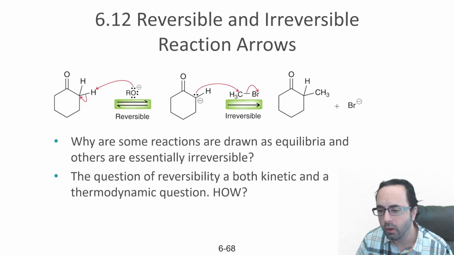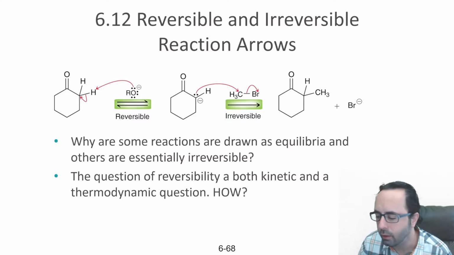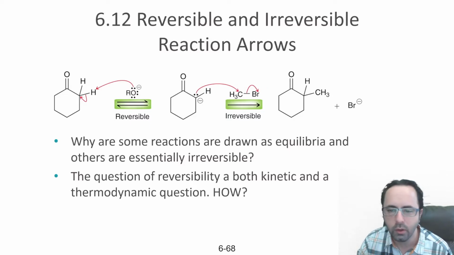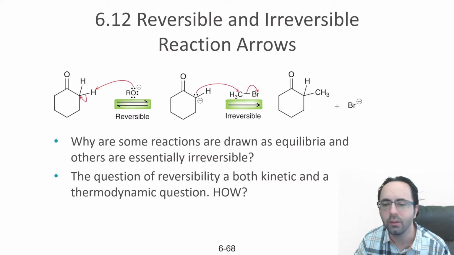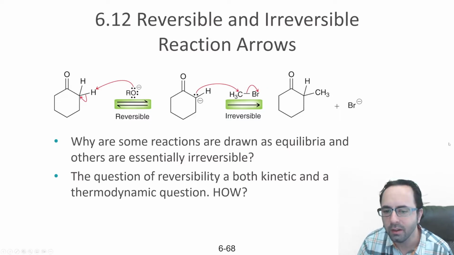Now for our double-headed arrows. So we've talked a little bit about double-headed versus one-way arrows, and I said something like, well, if you decide that the equilibrium constant is like 100 or 1,000, then you would say that there's a lot more products than reactants.